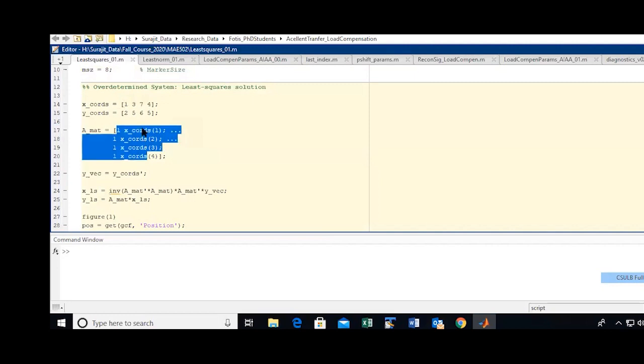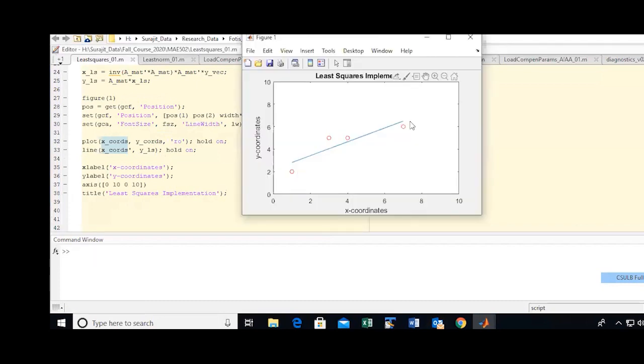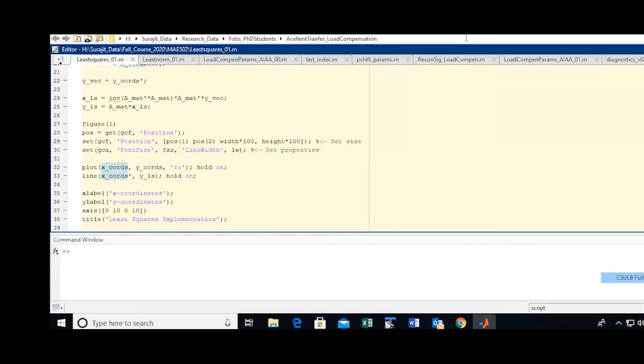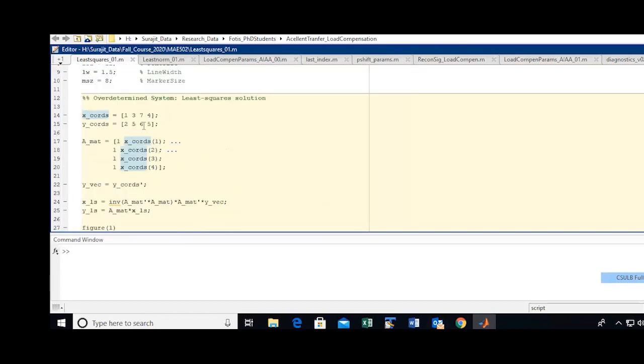I have only two unknowns, but 4 rows. You can run this code and change the data points arbitrarily, and you can see the straight line that best fits these data points. You have to change the x coordinate and y coordinate, and you can see how the straight line changes.